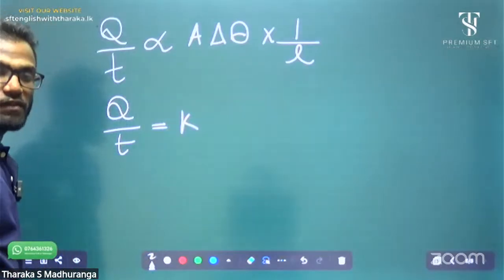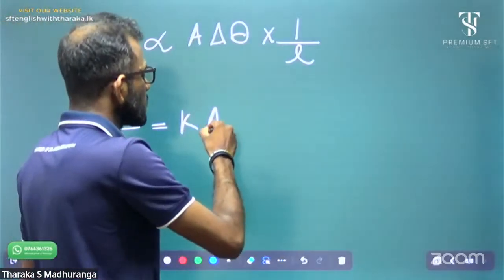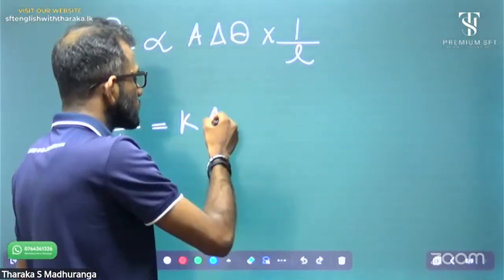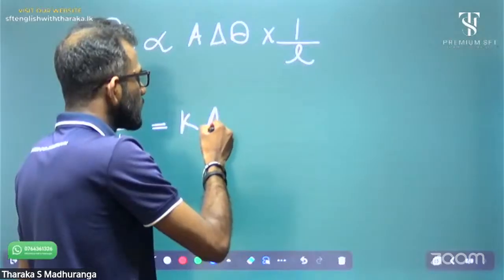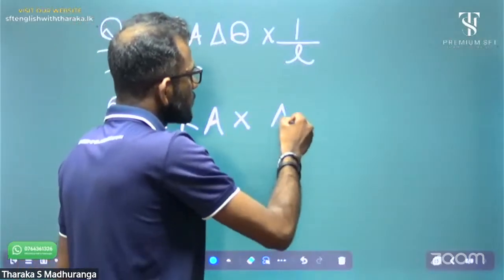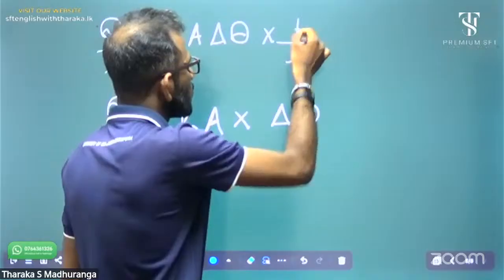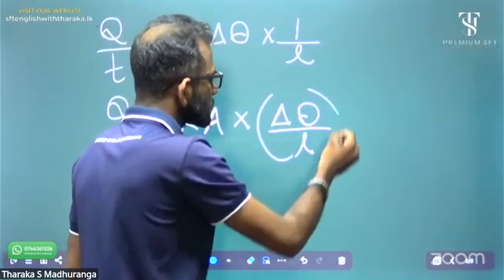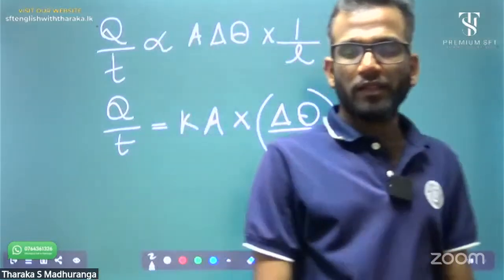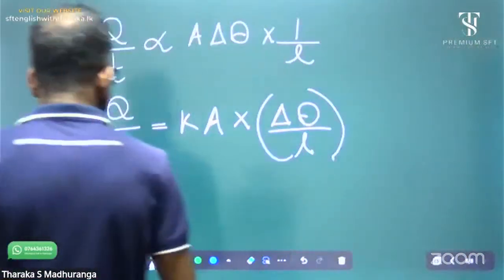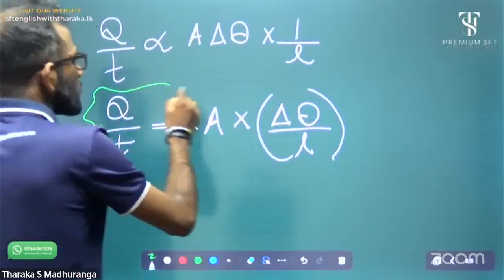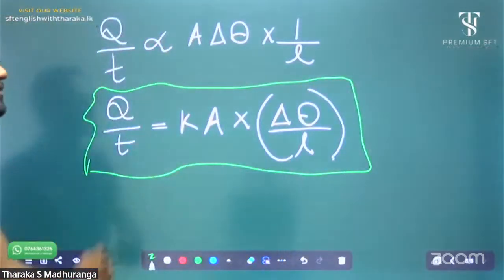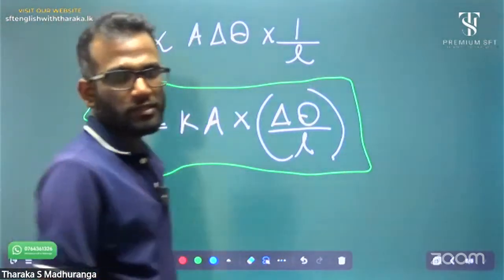Q over T equals K A delta theta divided by L. This is our final equation to calculate the thermal conduction rate.